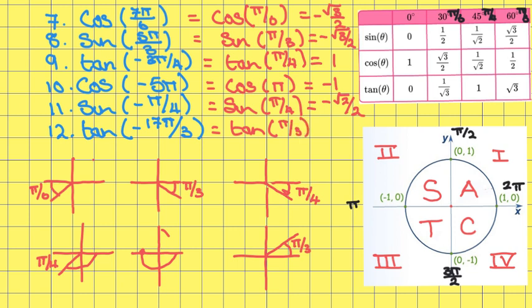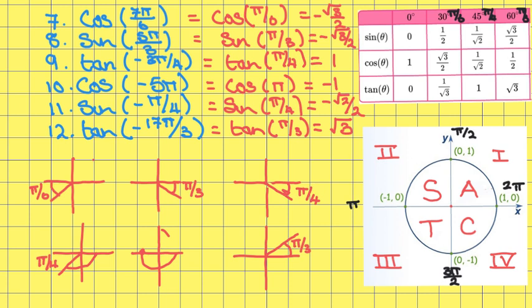We are in quadrant 1, so it is definitely going to be positive. So let's look for tan pi over 3. So tan pi over 3 is root 3. So tan of minus 17 pi over 3 is equal to root 3.